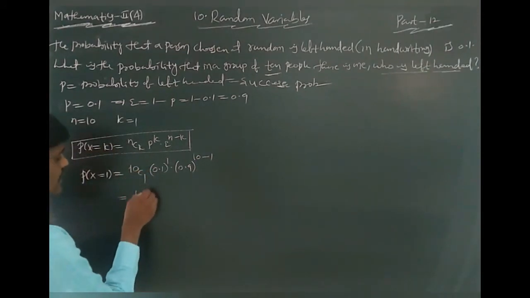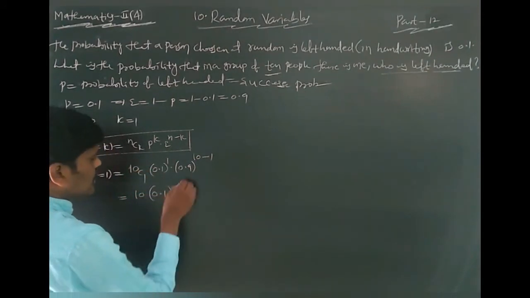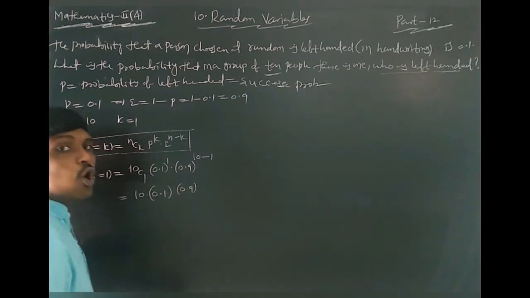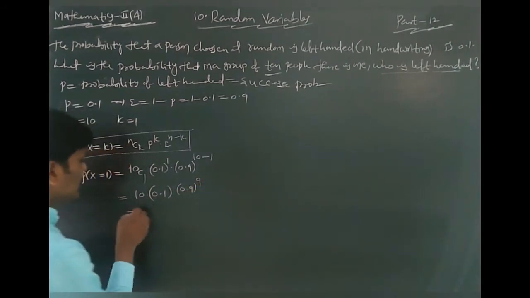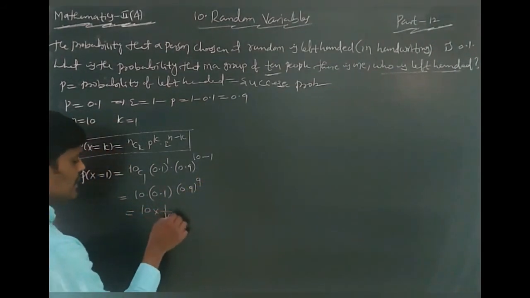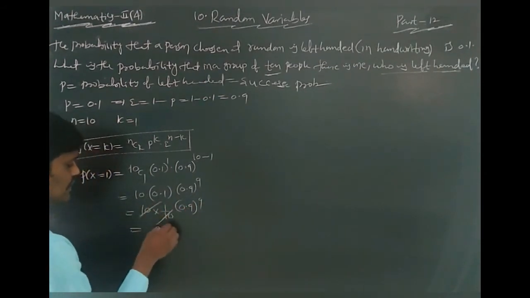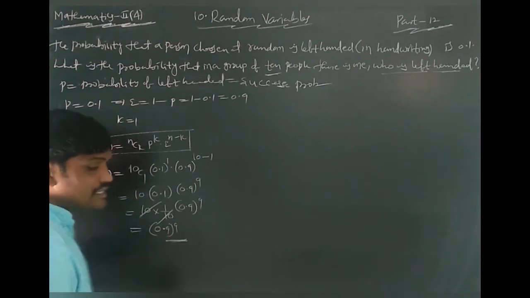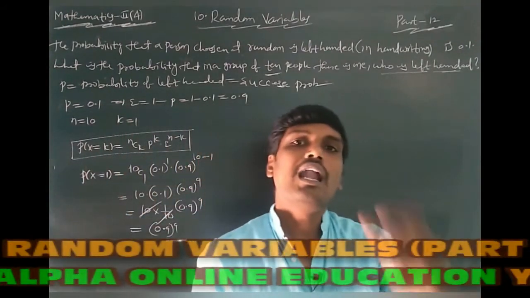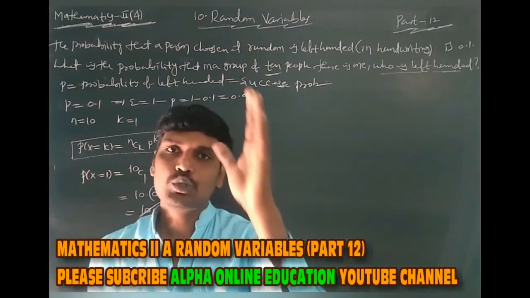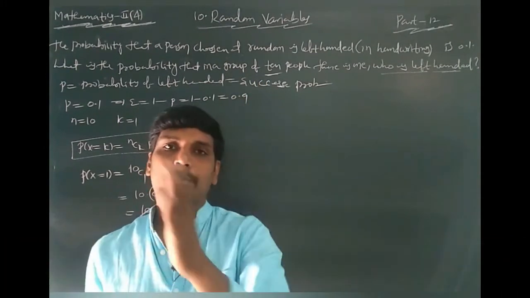So 10C1 is 10, into 0.1, into 0.9 power 9. Taking 10 into 1 by 10, you get the answer 0.9 power 9. This is the probability of one left-handed person chosen out of 10 persons.